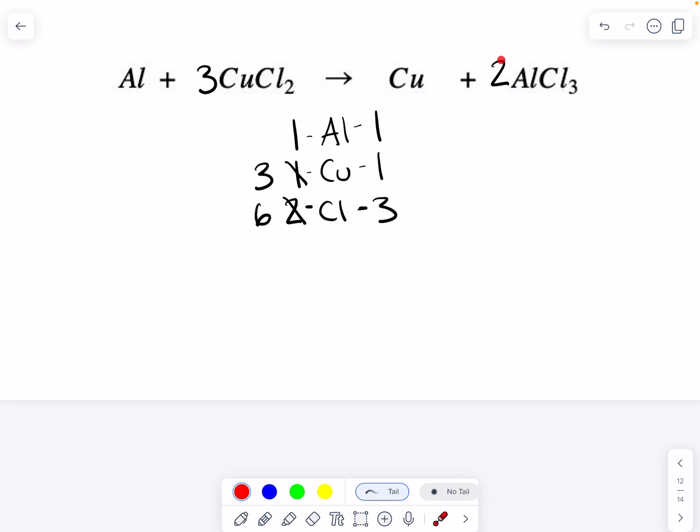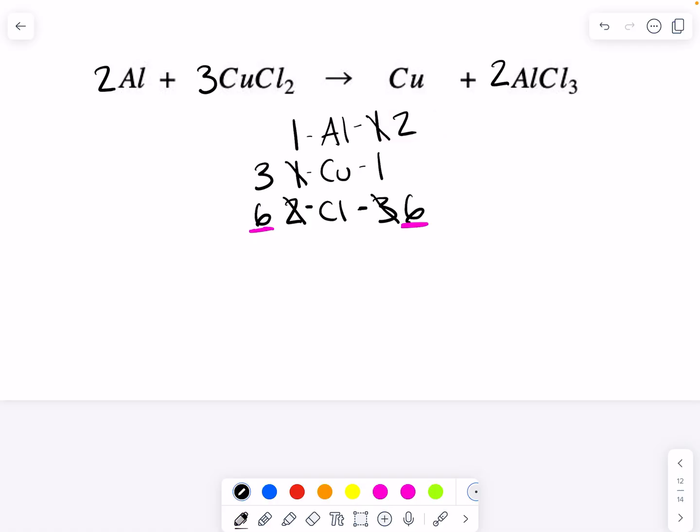Then I look and say, well, that's going to give me 2 aluminums and 6 chlorines. So we've fixed our chlorines. We've messed up the others, but that's sometimes how it goes. You fix one problem and make others. So I'm going to come up to my aluminums and fix that. There's 2 on the right, so I need to make sure there's 2 on the left.